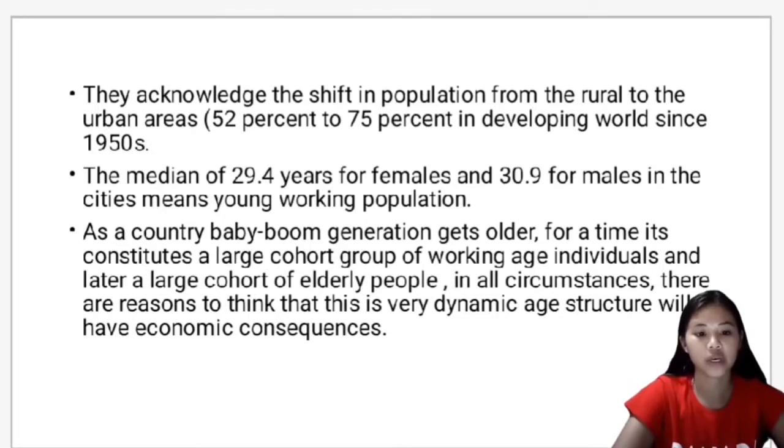As a country's baby boom generation gets older, for a time it constitutes a large cohort of working-age individuals, and later a large cohort of elderly people. In all circumstances, there is reason to think that this very dynamic age structure will have economic consequences.